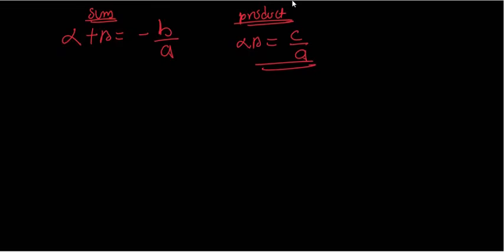So the same things, they have what we call the identities. In another word, I can say the identities of the quadratic equations, or the identities of the roots. So what are the main identities that we need to know in here?